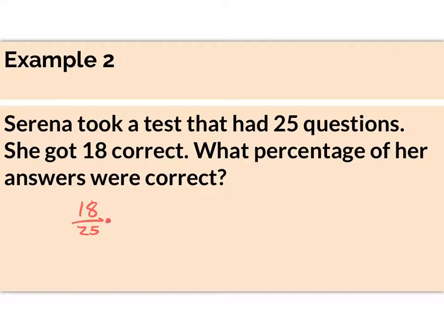Well, we have to multiply. And how many quarters in $1? 4. So we multiply by 4 over 4, and we get 100 on the bottom. And then 4 times 18 becomes 72. So 18 out of 25 is 72%.